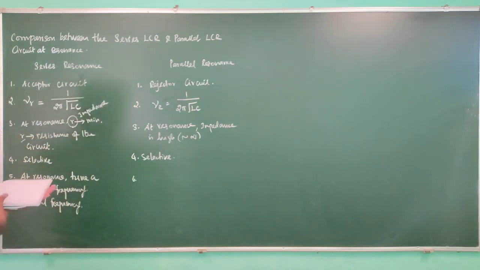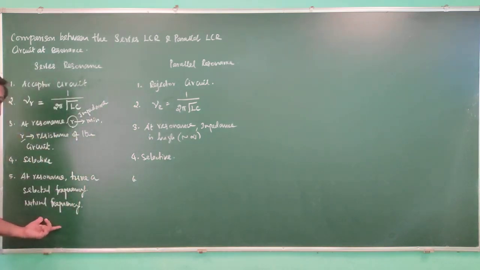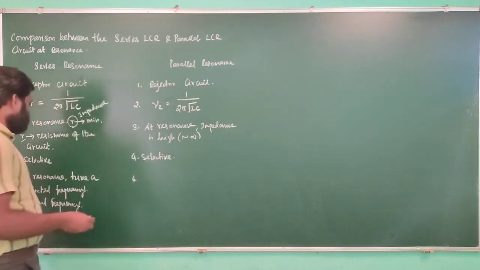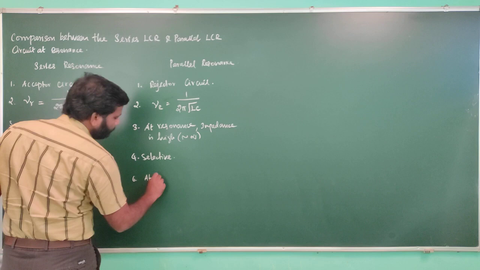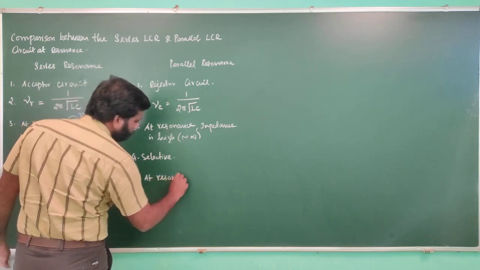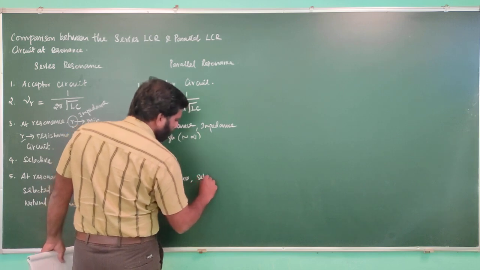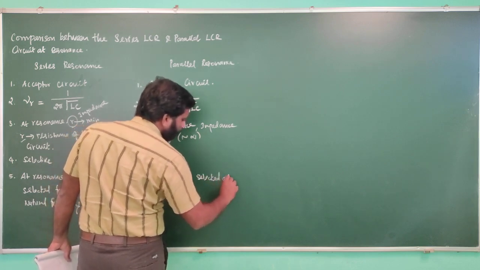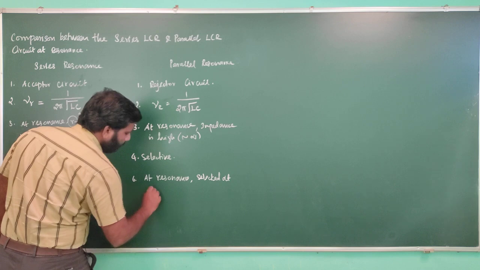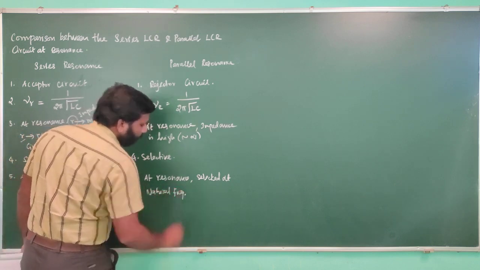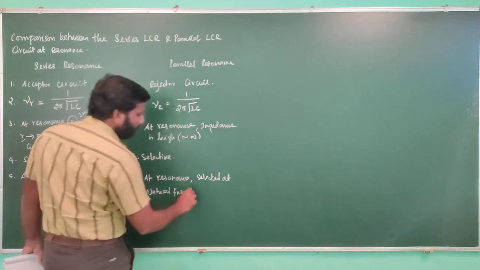Why? Because at the natural frequency the selected frequency will exhibit the maximum current, and that can be easily filtered out. At the same time here at resonance, the selected frequency at natural frequency is suppressed.